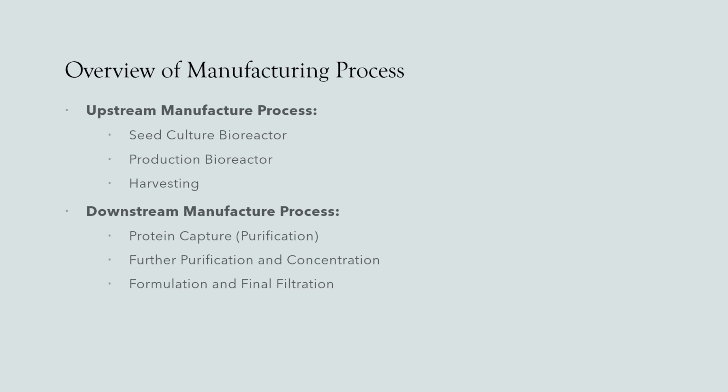Your downstream manufacture is where you're clarifying your bulk. It's where you are using various techniques, usually chromatographic and filtration techniques, to purify and to concentrate and to ensure that you have the correct buffer in your system.